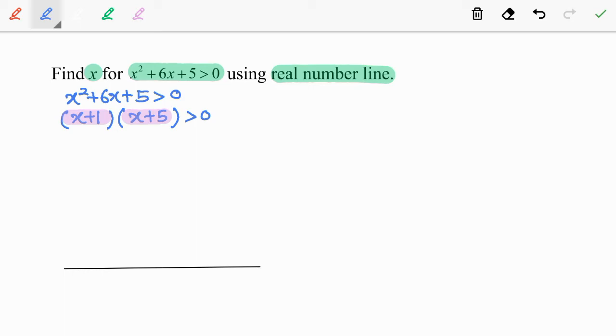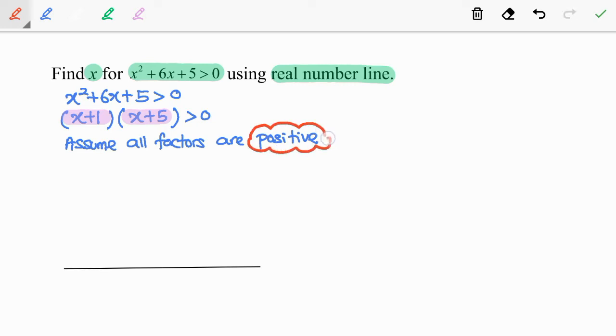Now we are going to assume these factors are always positive. Here, positive means it can be greater 0 or greater equal 0.